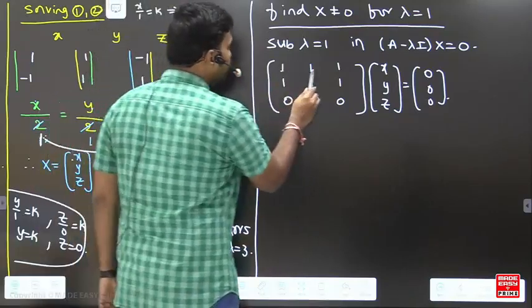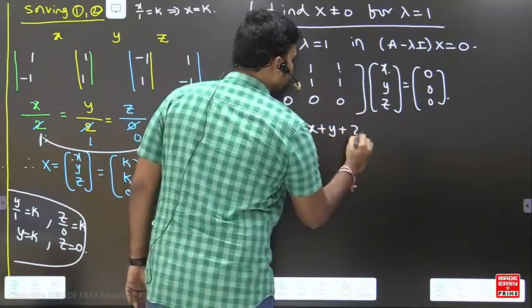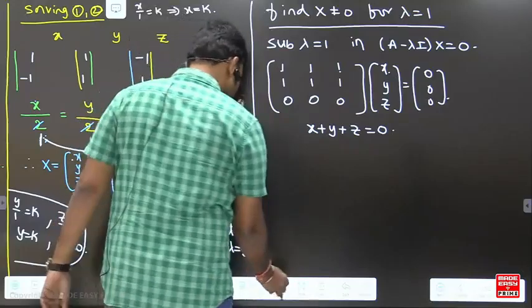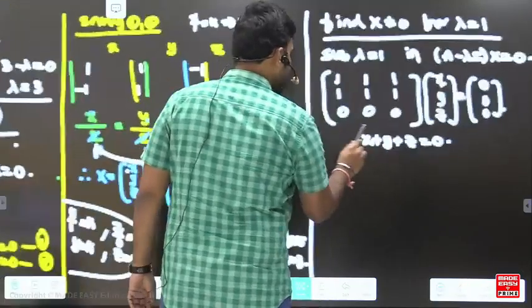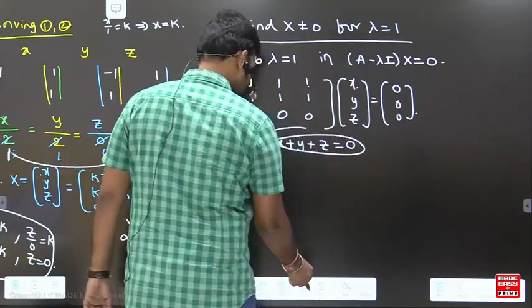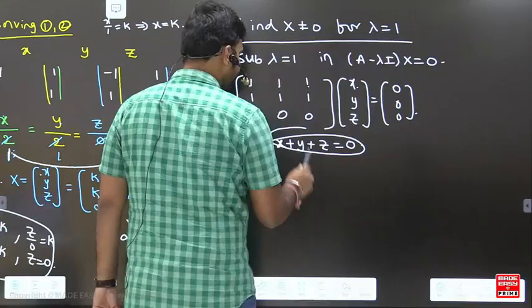See that x plus y plus z is equal to 0. x plus y plus z is equal to 0, right? Wait a minute.